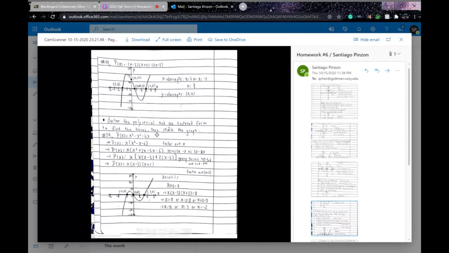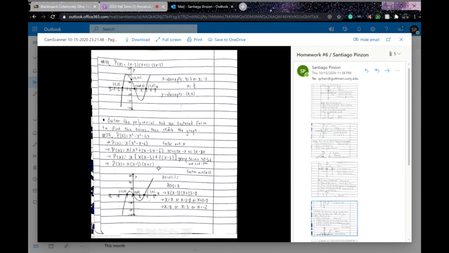So here's the problem. What I did first, I decided to factor out x, which I did. Then I rewrote minus x as 2x minus 3x. So then I grouped terms, the first and third, and the second and fourth. I did that and I got this.